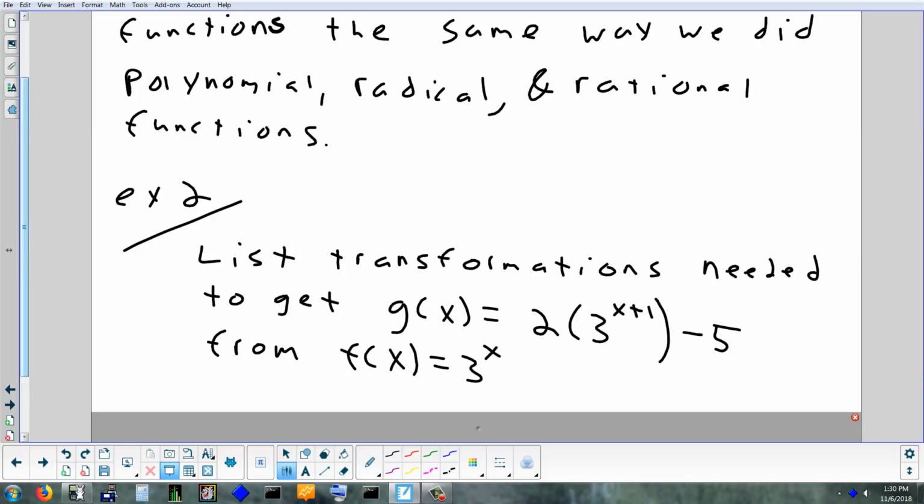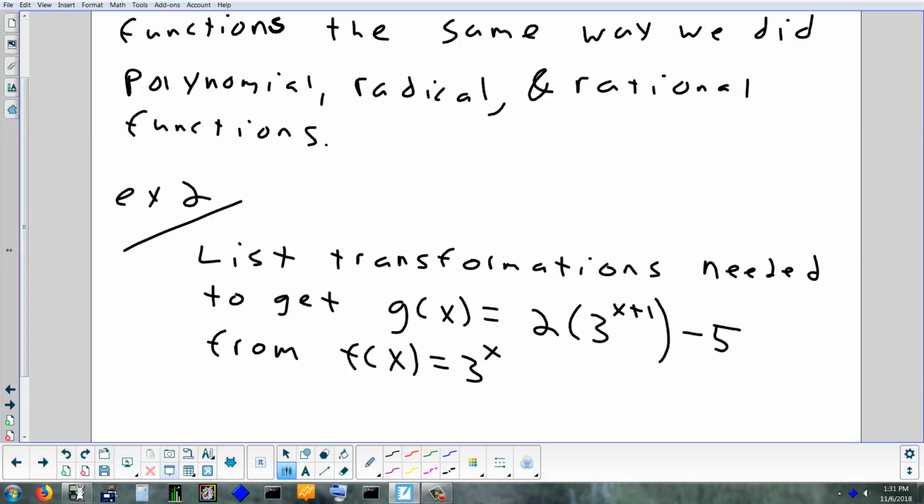So our bases are both 3. First, can somebody tell me how many transformations we have to turn f of x into g of x? Yeah. 3. Yeah, I agree. There's 3 transformations.